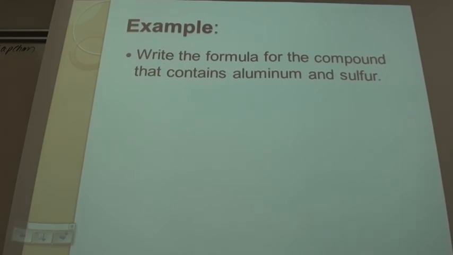Write aluminum and sulfur right now. Start by writing the oxidation number of the cation and the oxidation number of the anion, and crisscross.